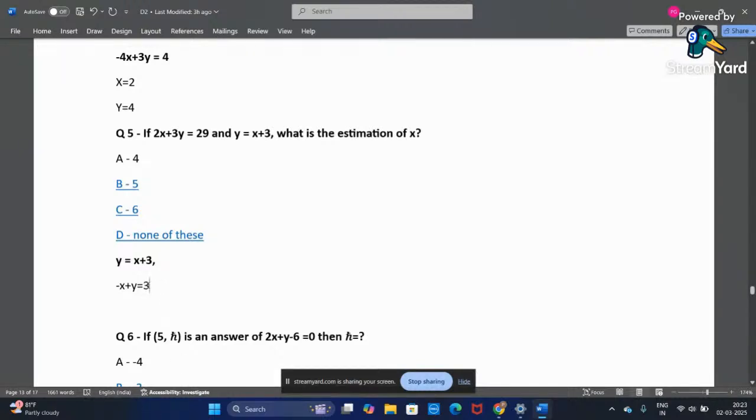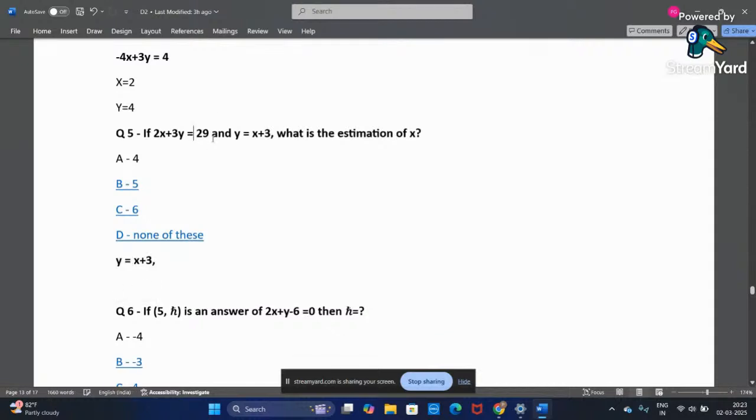Otherwise, we just need to find the x value, right? So, directly what we can do is take this y value.